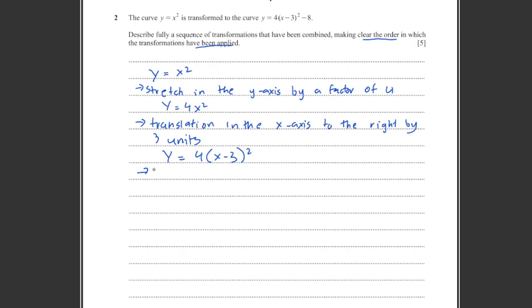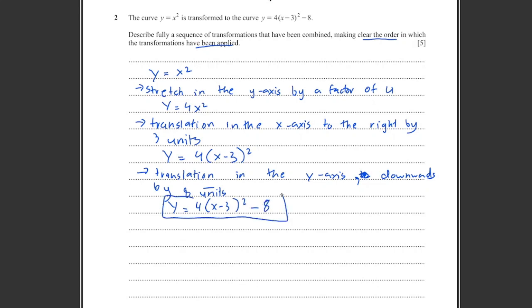The other thing going on over here is another translation in the y-axis, downwards by 8 units. So this is just going to be y equals 4(x minus 3) whole squared minus 8. This is the sequence of transformations that has been applied.